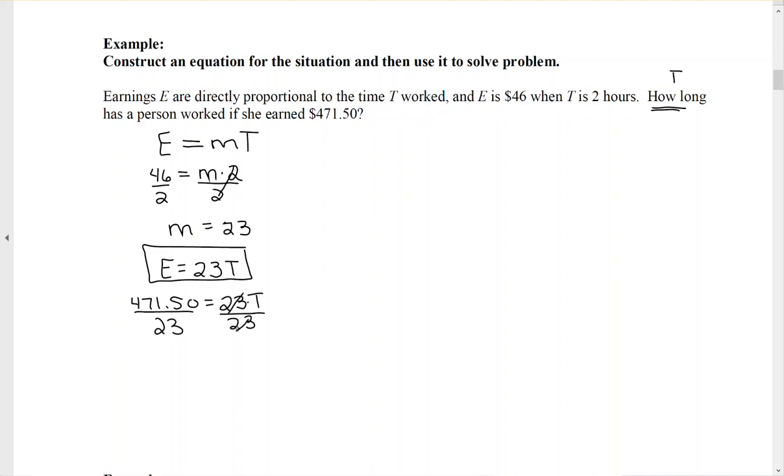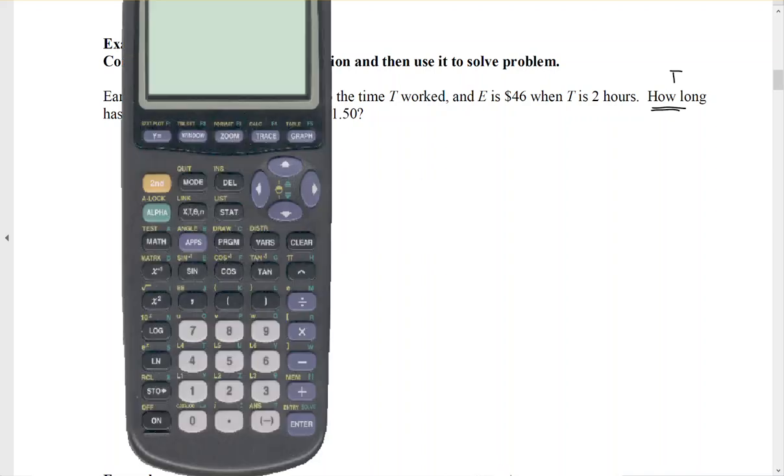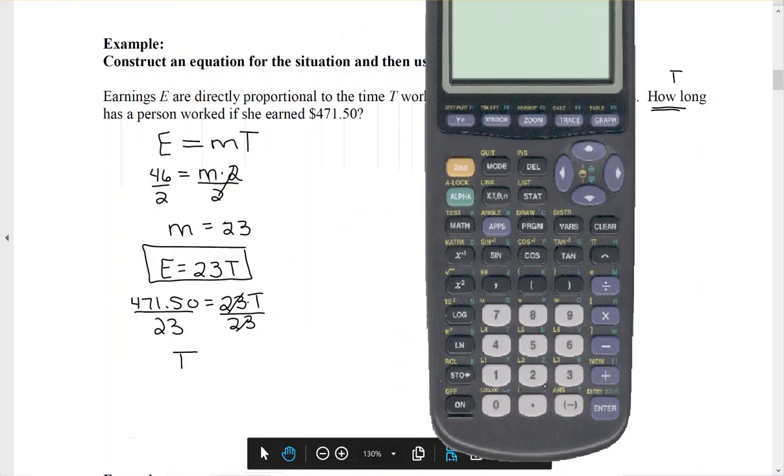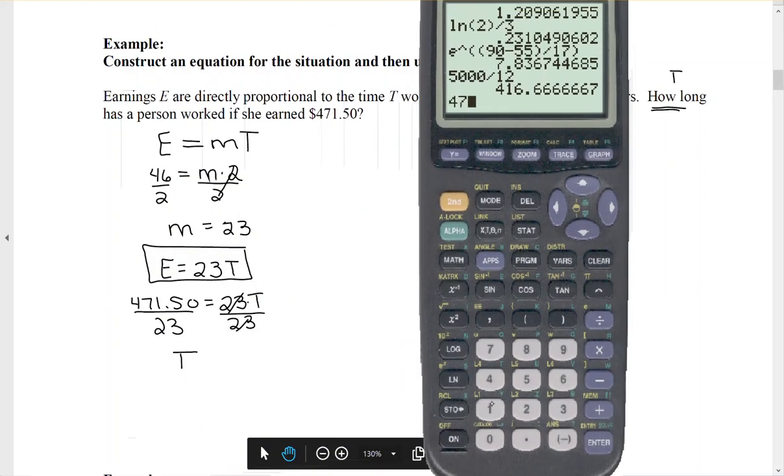And because it's a money problem, we're going to round to, oops, I'm sorry, this is looking for time. And it doesn't say how long, so when I do the division, let's see what we come up with here. It should be, let's see, 471.50 divided by 23.